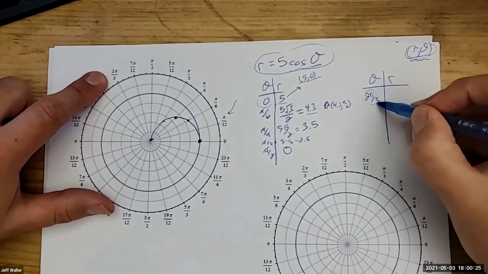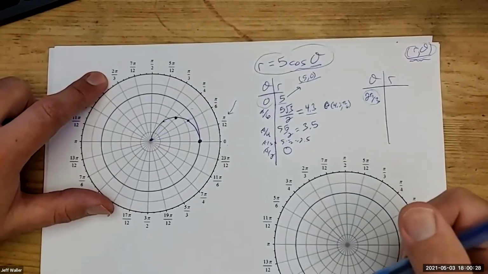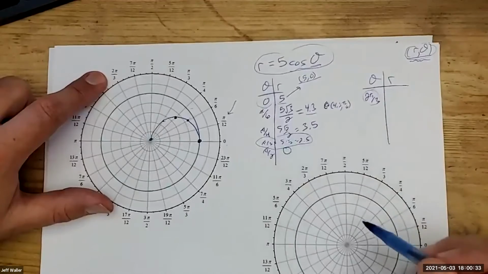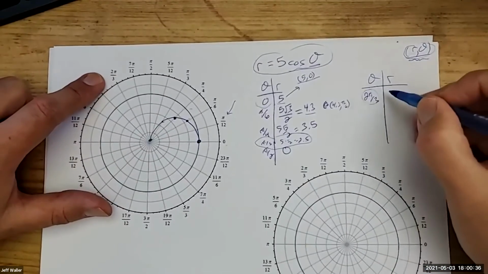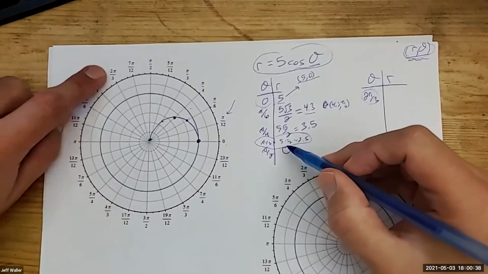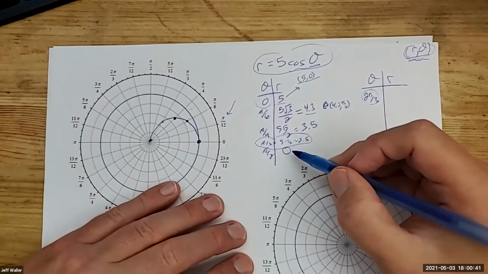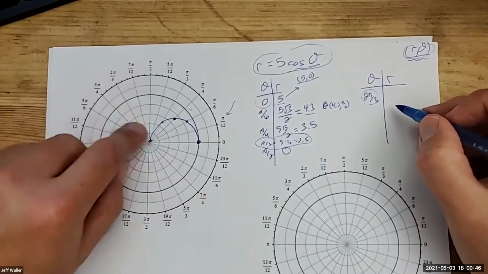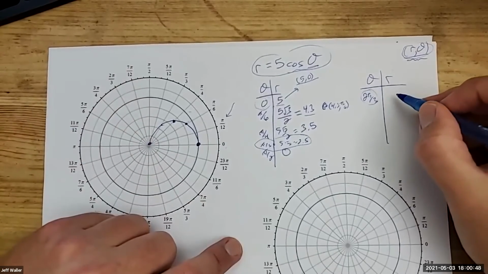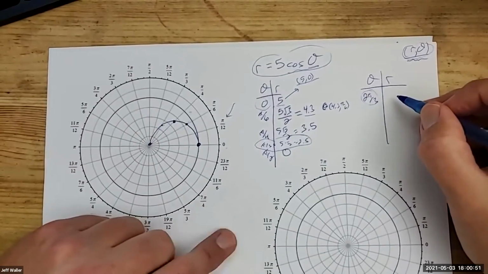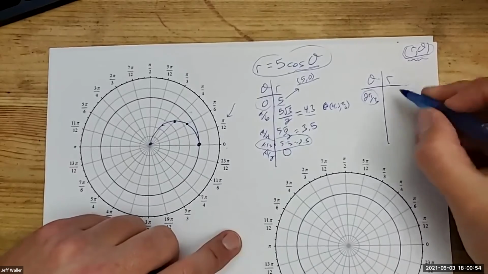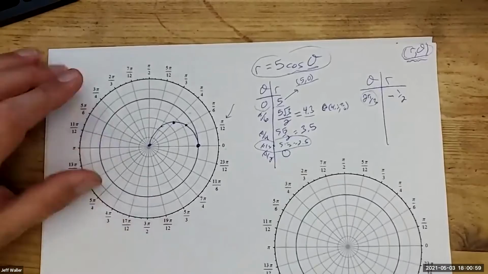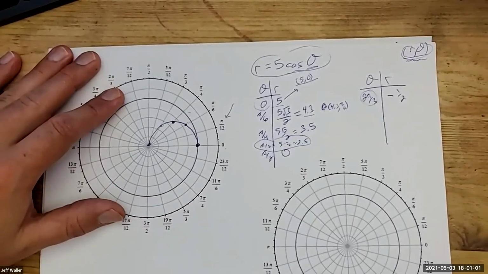Now, 2 pi over 3, stay with me now. 2 pi over 3 is going to be related to this because they have the same reference angle, except what's true about cosine at 2 pi over 3, what's the value of cosine? What's true about cosine in the second quadrant? Minus. It's a half at a pi over 3 reference angle, but it's negative because it's in the second quadrant, correct? That's where x is negative.